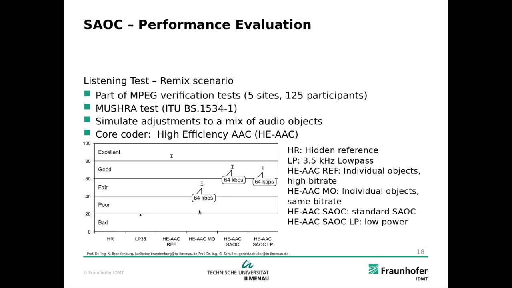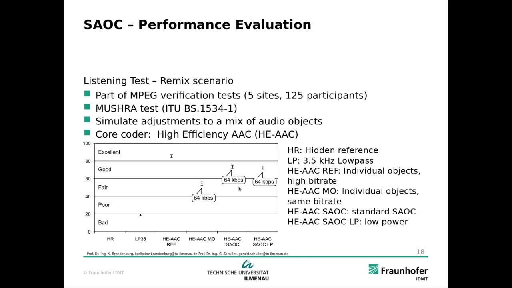Then LP is the 3.5 kilohertz low pass version. Then high efficiency AAC ref is individual objects coded at high bitrate. Then here high efficiency AAC-MO is individual objects with the same bitrate. Then SAOC is the standard SAOC, and SAOC LP is for low power.